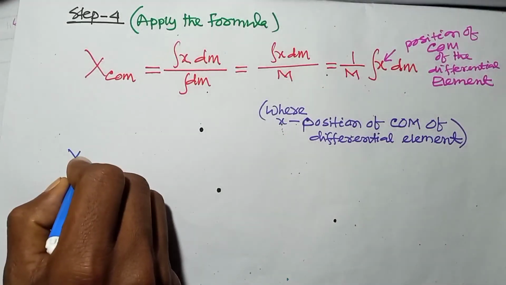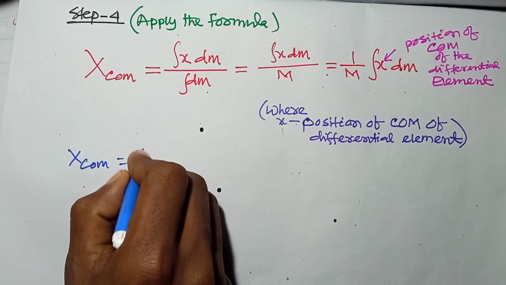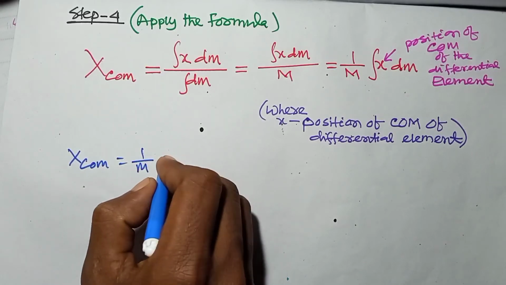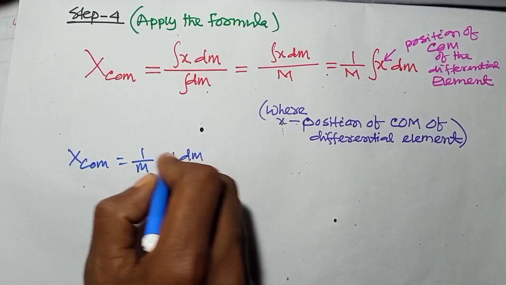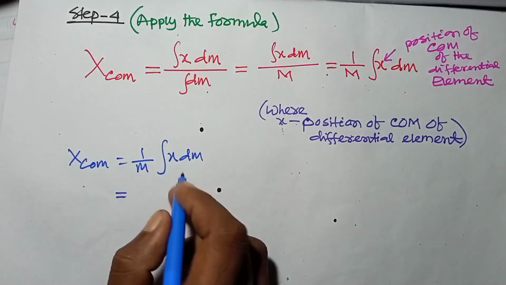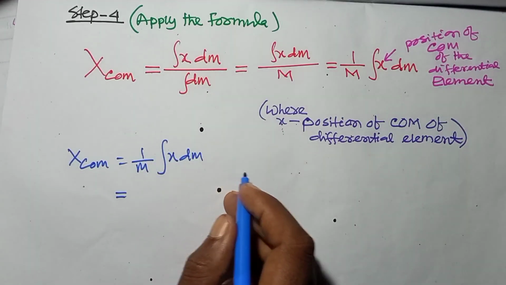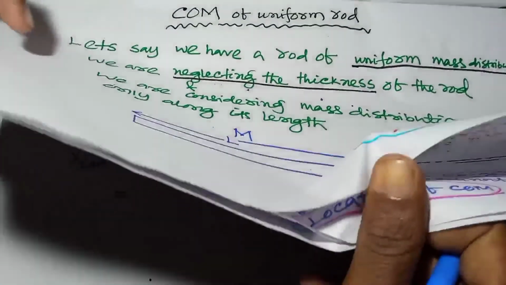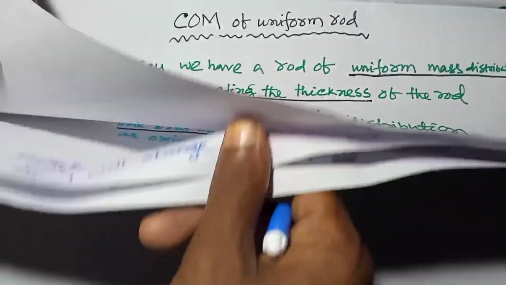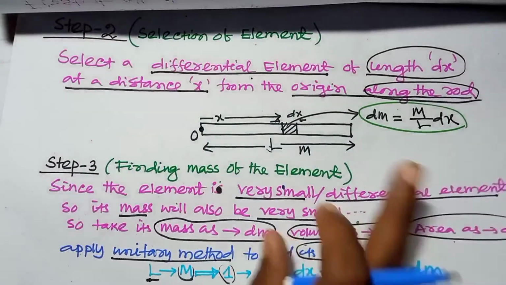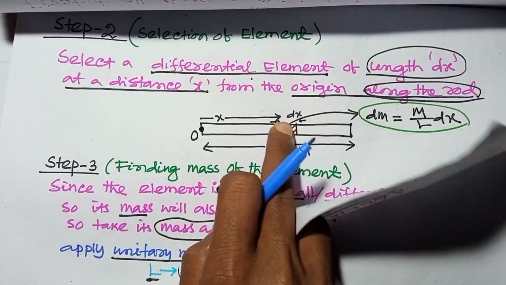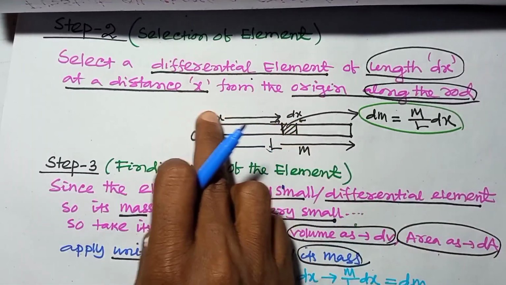So we have the formula x center of mass equals 1 upon capital M into x dm. And here x is the x coordinate of the center of mass of the differential element, that is at a distance of x.